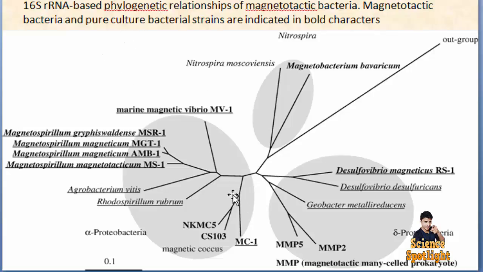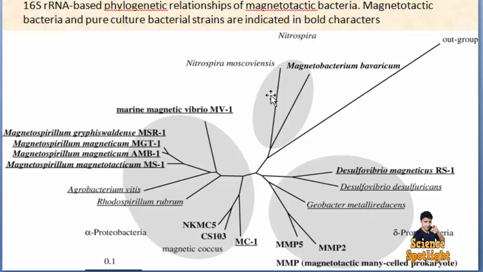The magnetotactic bacteria are classified under six groups, including alpha proteobacteria, gamma proteobacteria, Nitrospira, and magnetotactic many-celled prokaryote.